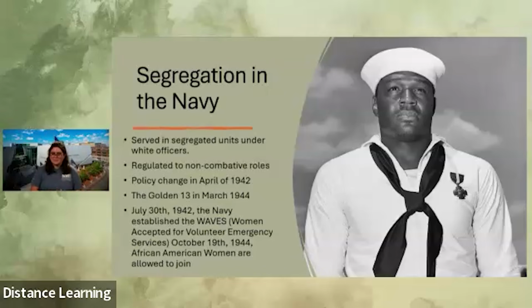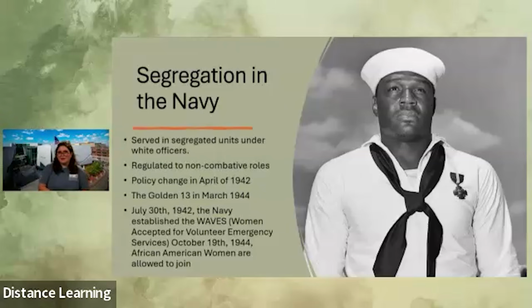There were different policies in place. At the beginning of World War II, there weren't very many African Americans in the Navy at all. Prior to Pearl Harbor in 1941, only about 5,000 African Americans served in the Navy, mostly all of them as mess attendants.